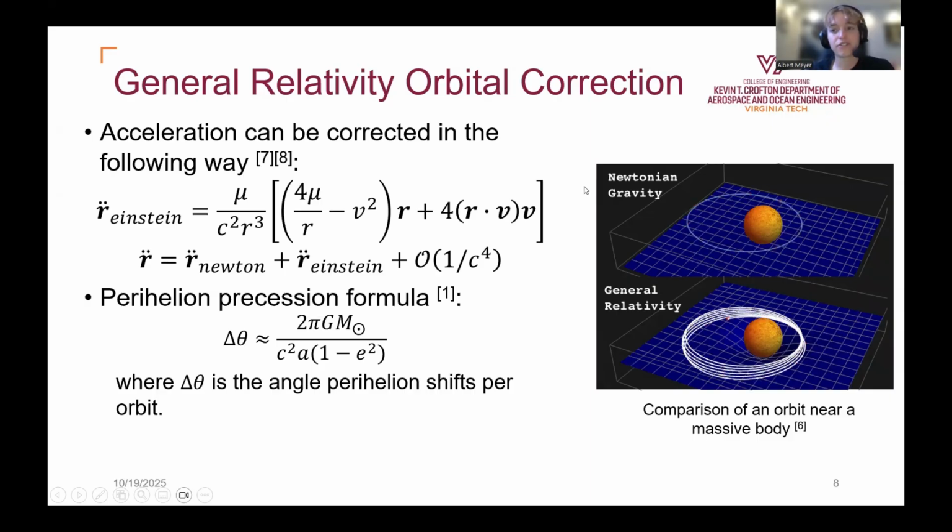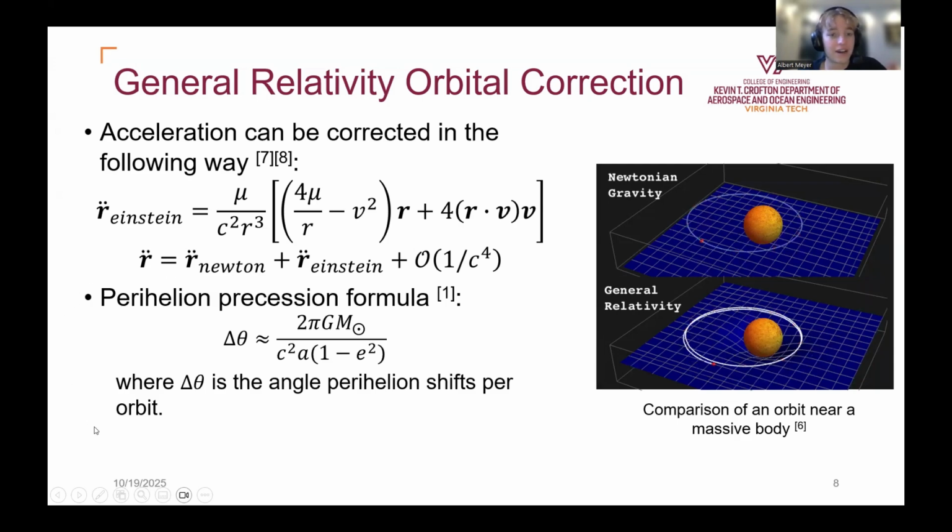If you wanted a first order accurate correction for acceleration based on general relativity, all you would do is add this term to your Newtonian r double dot acceleration term, and you would get something that is accurate on the scale of 1 over c to the fourth, which is very accurate because, as we know, c, the speed of light, is a very, very large number.